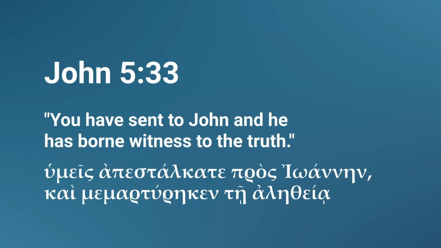Finally, Campbell cites John 5:33, which says, "Humeis apestalkate pros Ioannen, kai memartureken te aletheia." You have sent to John, and he has borne witness to the truth. Both of these are best taken as existential perfects. Prior to the present time we are discussing, Jesus' addressees sent people to John, and John has already told them the truth.